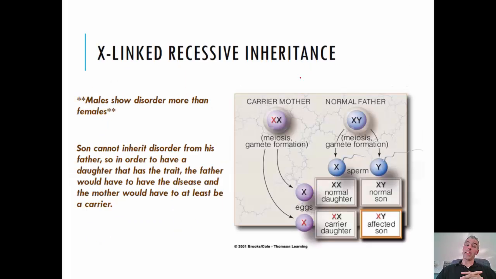determination. Now you can also have, as I said, diseases on these chromosomes. And so if you have an X-linked recessive inheritance pattern, as opposed to when we talked about autosomal dominant and autosomal recessive, it's a little bit different the way things are inherited when you have an X-linked disease or an X-linked trait. So you can see here, you can have a mother who's a carrier. Now that mother would not express the disease because she's a carrier, and this is a recessive trait.